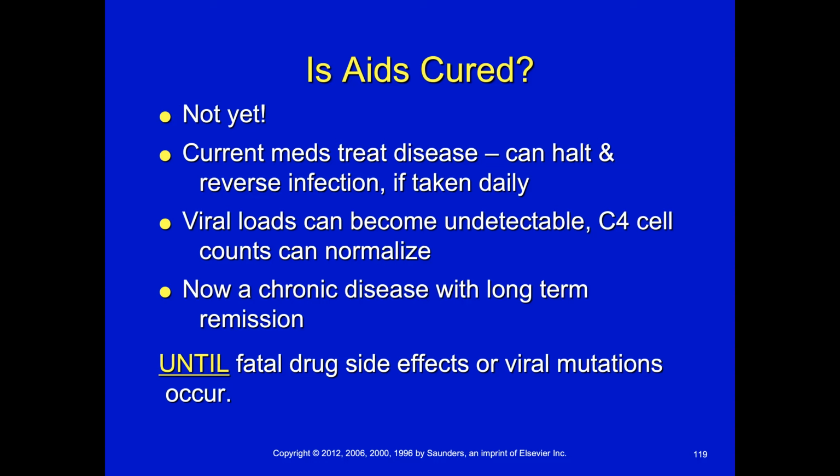The downside of all this is that these medications themselves are pretty toxic. They're very effective, but they can have negative effects on the patient. Occasionally the effects can be fatal, so the person can die from that. Or the virus, which mutates at an incredibly high rate, becomes a form that the medications can't handle anymore.